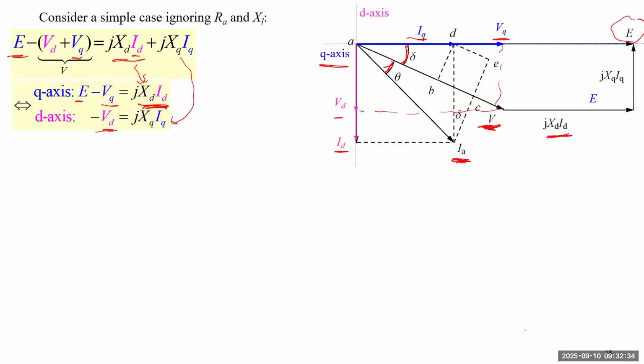Because this reactance is a purely imaginary number, it will generate the voltage drop in the Q axis, in parallel with X, and then another voltage drop in the D axis. So that finishes this phasor diagram, right? Does it make sense? Everybody follow?